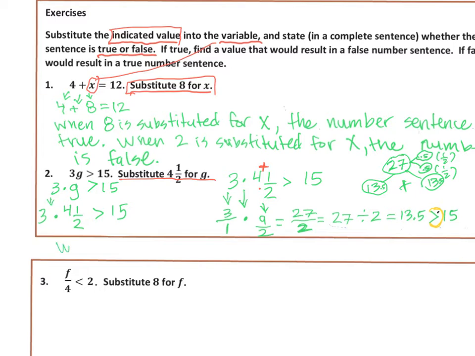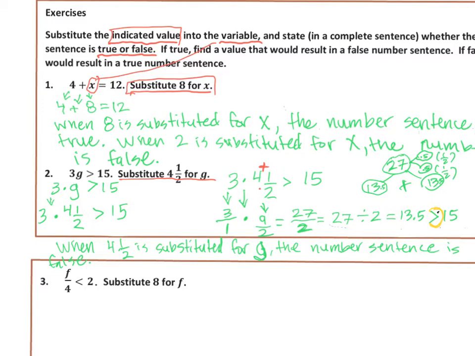So when 4 1/2 is substituted for g, sorry, this lowercase g, the number sentence is false. Okay? Why? Because when we did the math, 13.5 is less than 15.